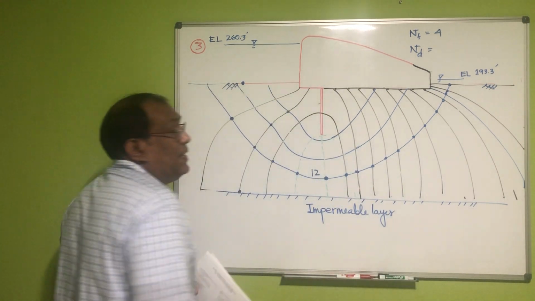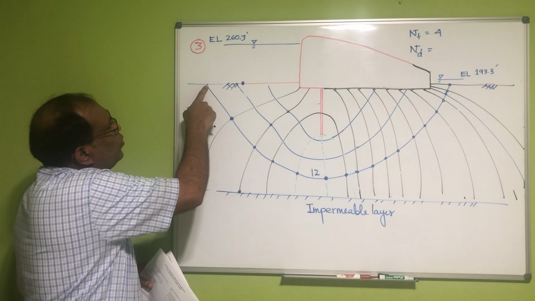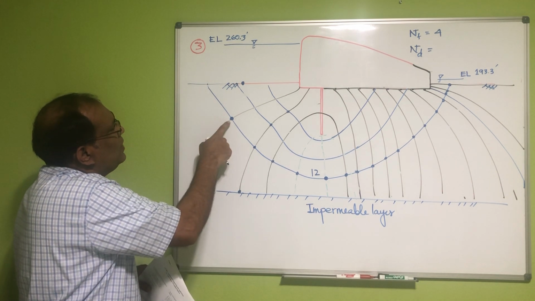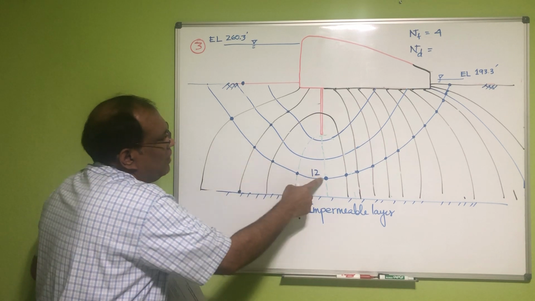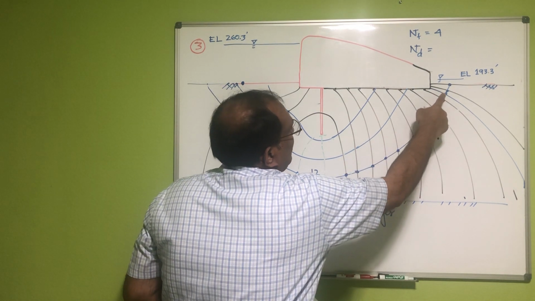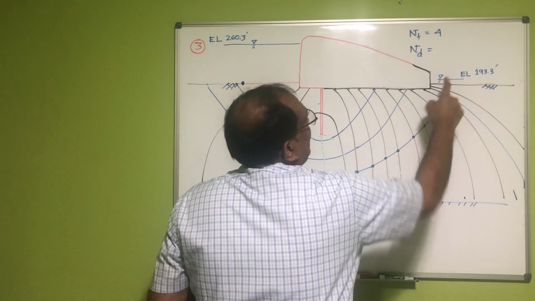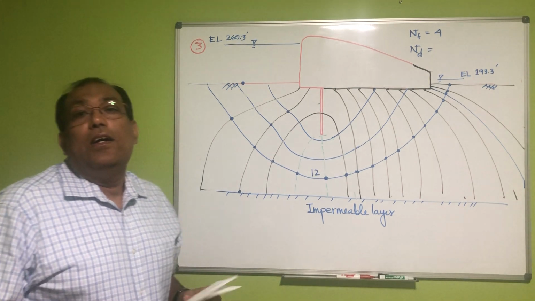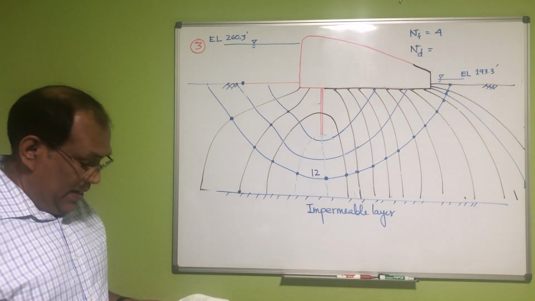The bottom line is you have to count every time, not from the first one. The first drop is actually this. First drop, second, third, fourth, fifth, sixth, seventh, eighth, 9, 10, 11, 12, 13, 14, 15, 16, 17. The last one would be on the soil surface on the other side.